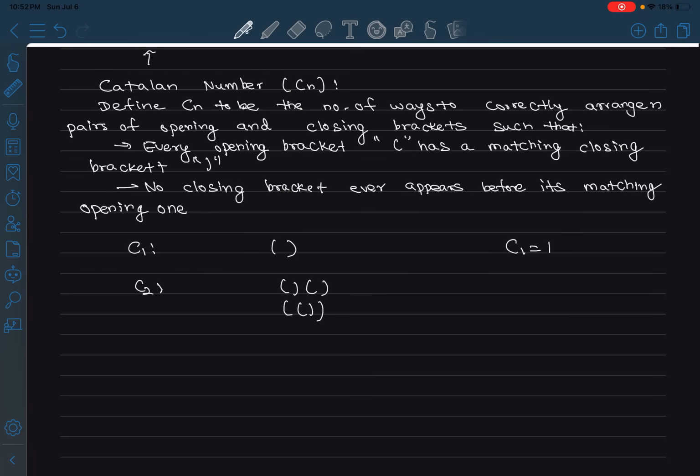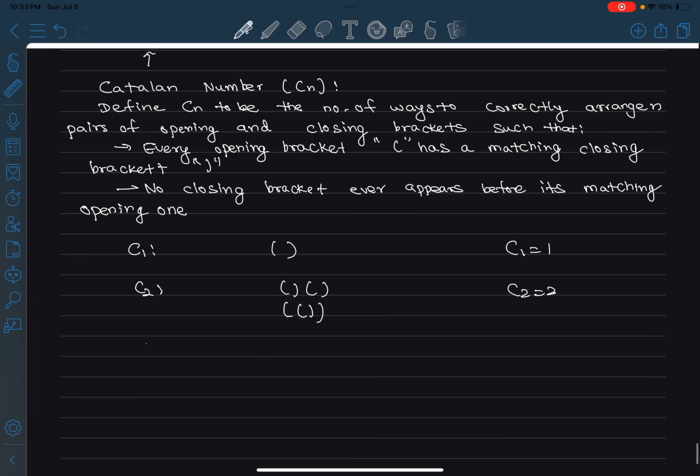So there are two ways, but note that you cannot write it like this, or this. That doesn't make sense, right? Two closings without an opening bracket doesn't make sense. First of all, there should be an opening bracket for it to be closed. And yeah, these are the two ways. So C2 equals 2, right?